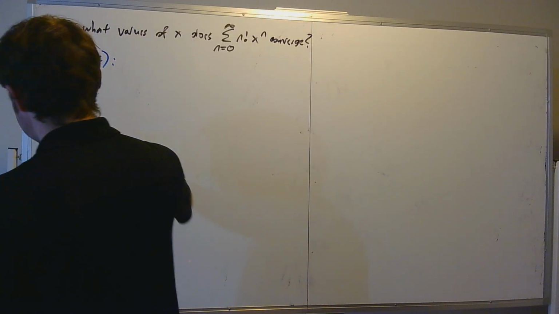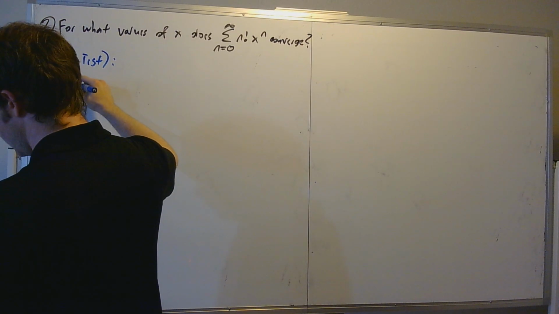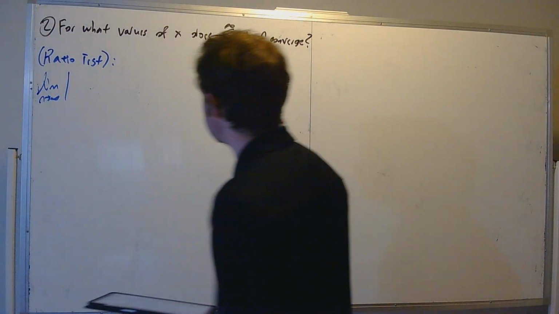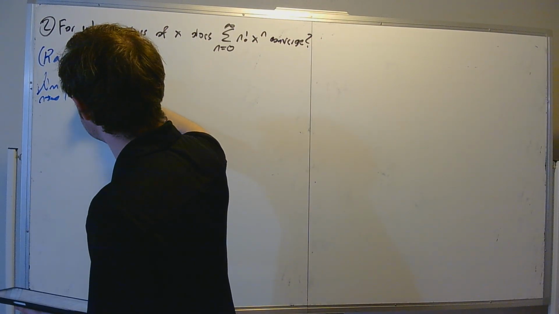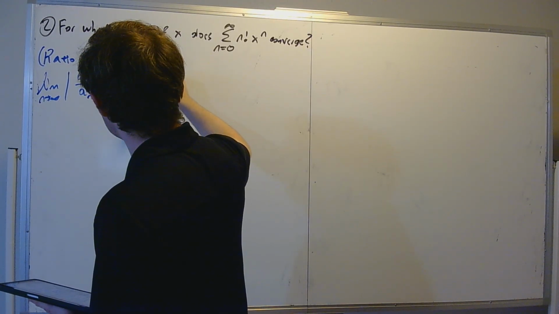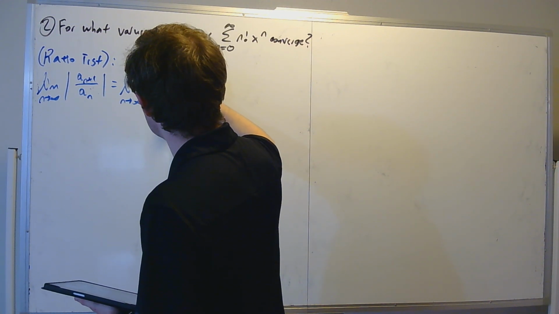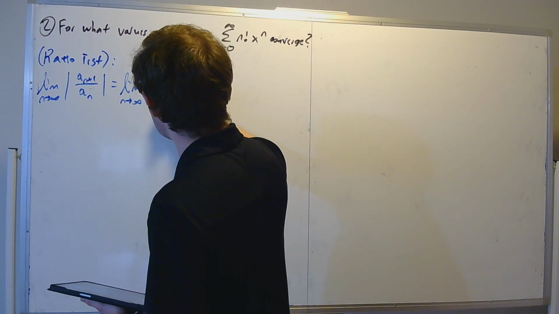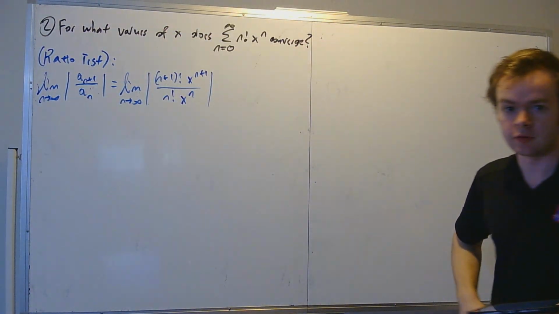So it's going to say that the limit as n goes to infinity of the absolute value. So here we just need to plug in a_(n+1) over a_n. If we plug in n plus 1, we're going to get n plus 1 factorial times x to the n plus 1. And if we plug in n, we're going to get n factorial times x to the n. And we just got to simplify this thing.